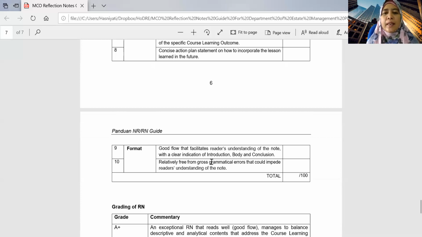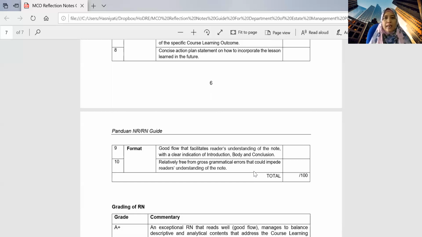Now we understand that most of us may not have perfect English writing skills. That's fine. What we mean by gross grammatical errors is when, for instance, you use the wrong grammar to describe something that happened in the past until people got confused, or you use the future tense to describe something that's happening now, until again it confuses the reader about what you're trying to say.